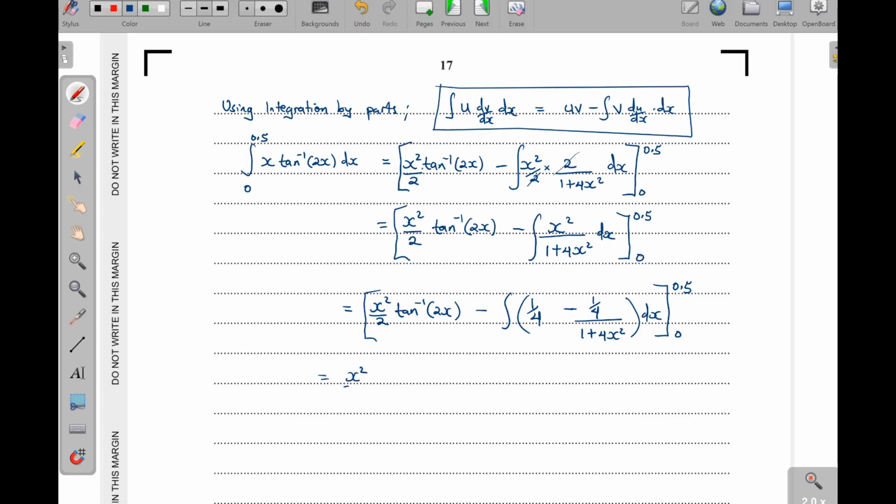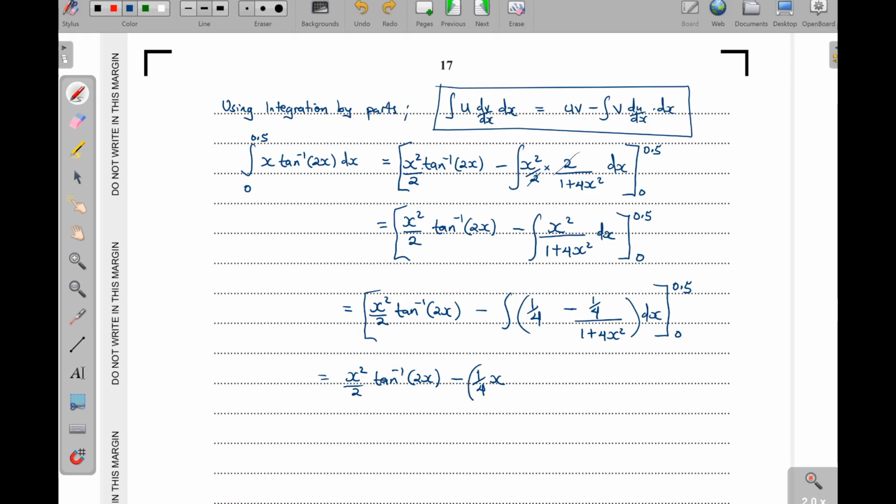Then we have x squared out of 2, and then the arctan of 2x here. Now, of course, when you integrate this one, you will get 1 over 4 of x, right?